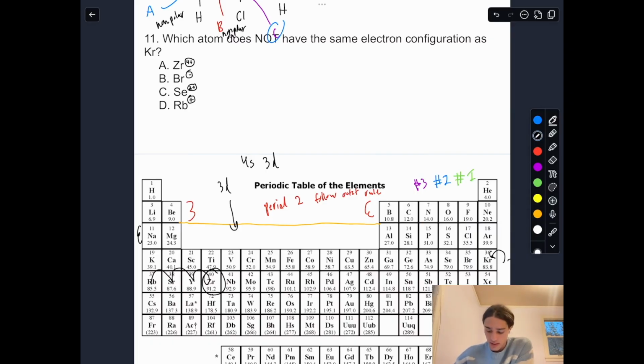So that one's good. We can rule that one out. Bromine is right here, and it's gained an electron, so it also has the same electron configuration. Selenium 2+. Selenium's right here, and if it was 2 minus, this would also be perfect, but it's 2 plus, so it went the wrong direction. So this one's not the same, and it's the correct answer.